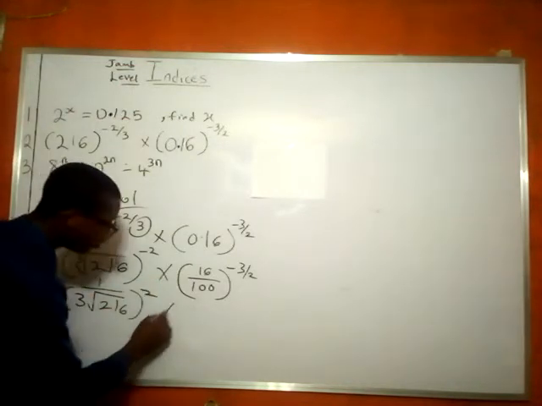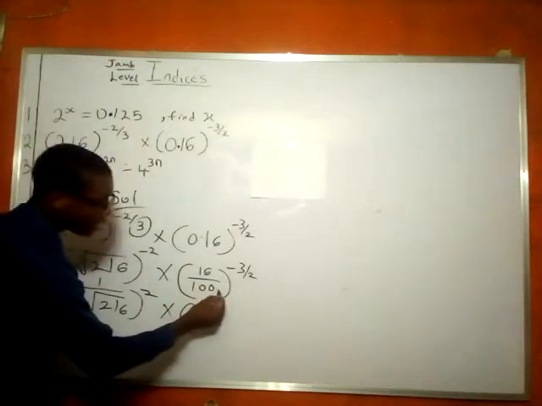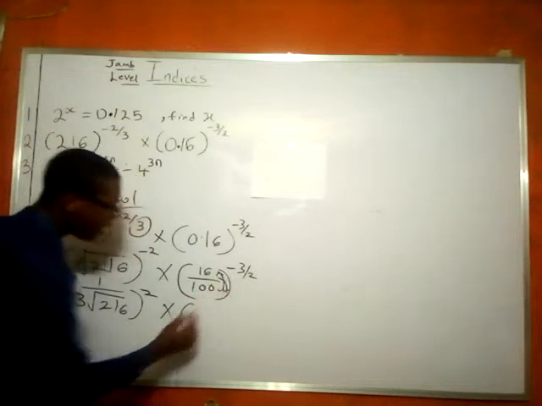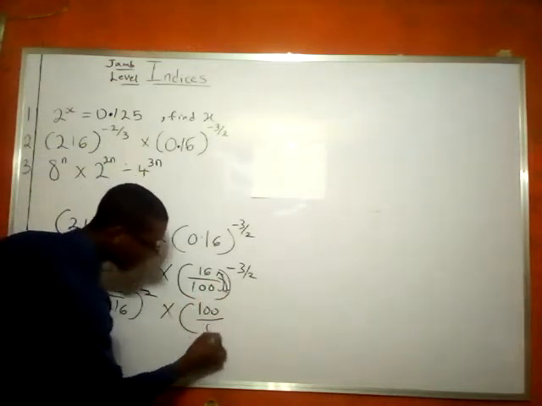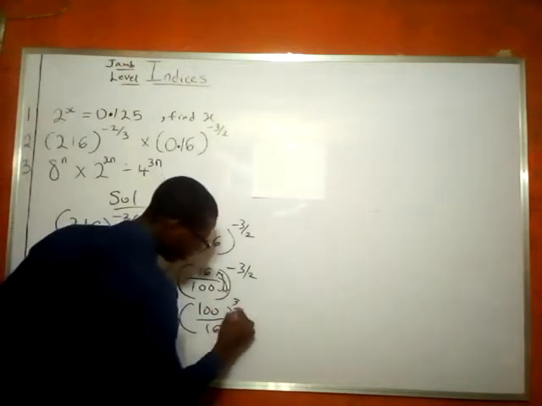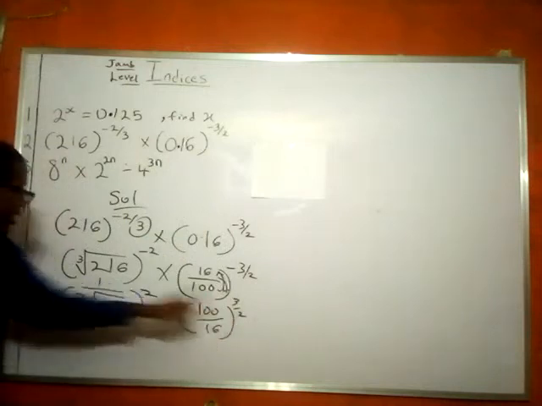And this will be multiplied by open bracket, this 100 will come here and this 16 will come here. So we'll have 100 over 16 raised to power 3/2. We have removed the minus already. So let's do what we did here.